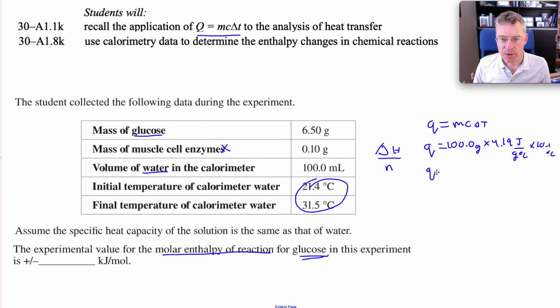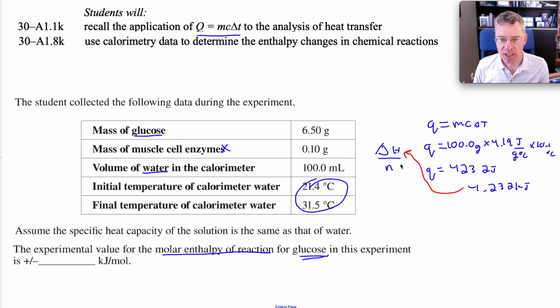So that gives you the heat, or the Q, and I got 4,232 joules, or 4.232 kilojoules. So that gives us the data we need to get our enthalpy change.